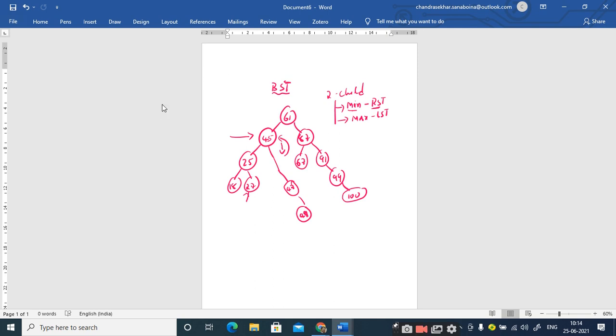That's it, right? So this is how, if you are unable to find the minimum element from the right subtree, or if you are unable to find the maximum element from the left subtree, whatever node is present as the right child or whatever node is present as the left child should be the eligible node for the replacement. That's it. Is it clear up to this point?